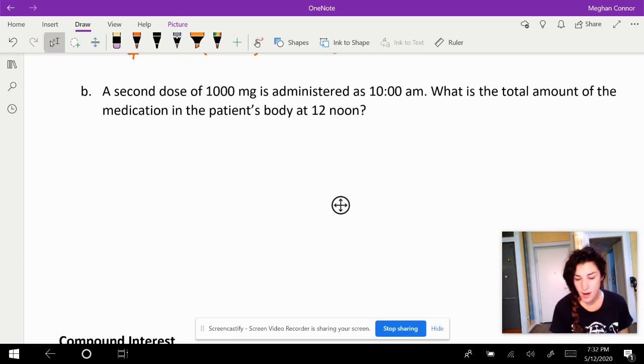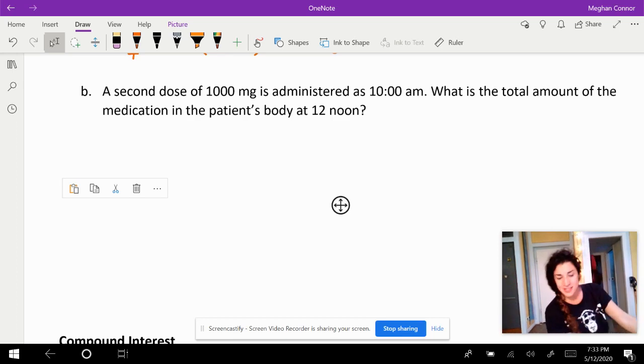Okay, so again, I'm looking at what your textbook does, and it doesn't really make a whole lot of sense to me. So we need to figure out how much is left in the patient's body at 10 a.m. and then add 1,000 to that, and then follow the depreciation with a second equation. It's a little bit more work than how your book wants you to do it, but it's how my brain is making sense of it.